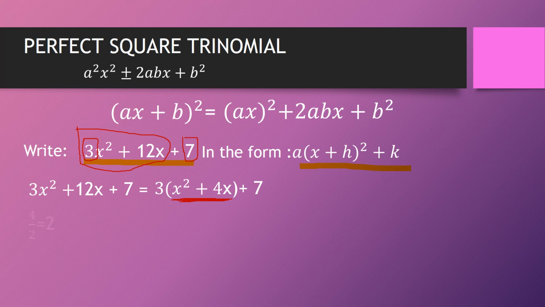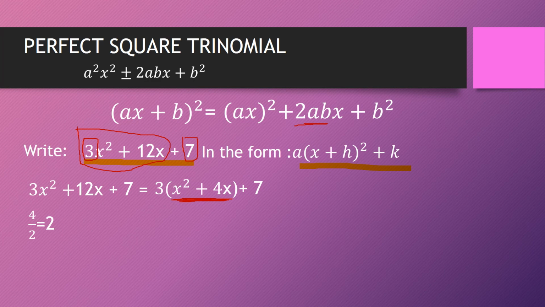You see here, I have 2ab. Now 4 is equal to 2ab, but a is 1. Now, if you divide 4 by 2, you have the value of 2.